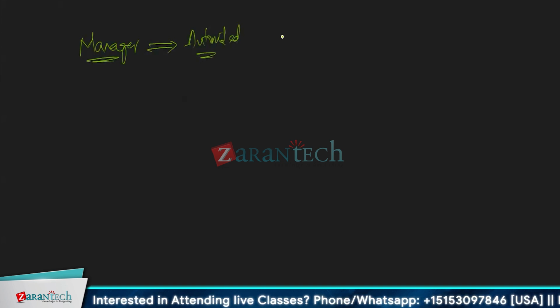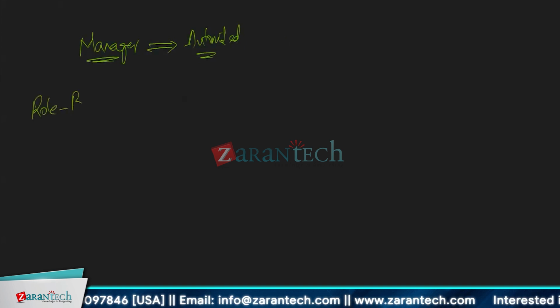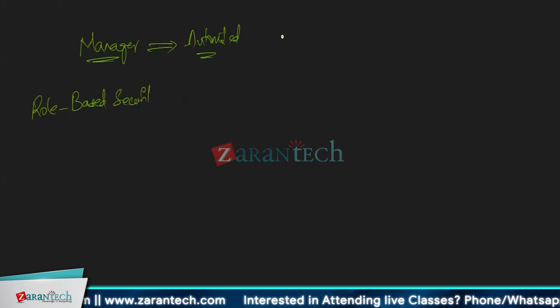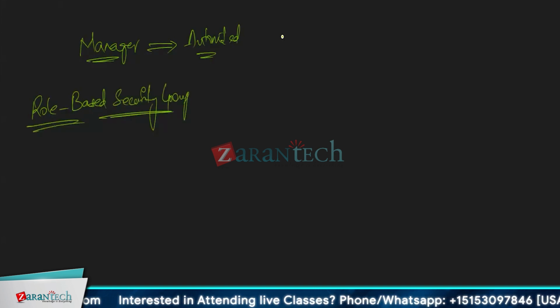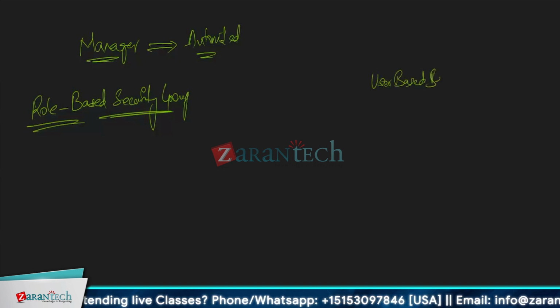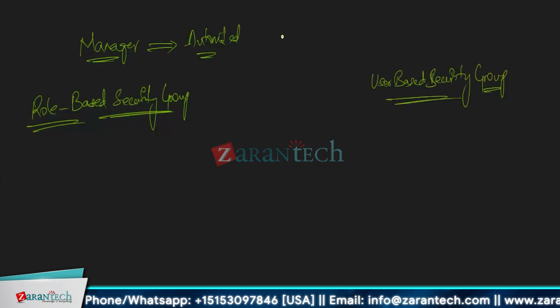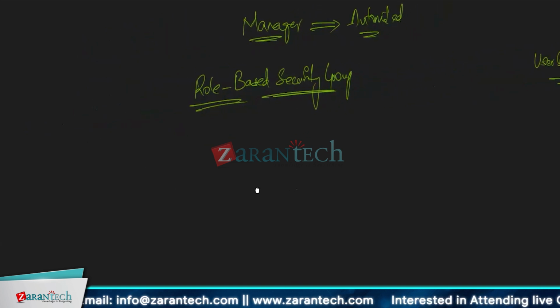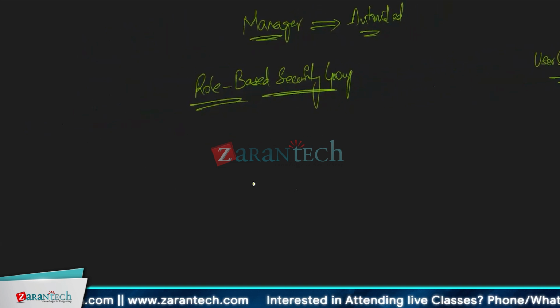Some of the most commonly used security group types are role based security group, and we also have user based security group. So what exactly is a role based security? A role based security will automatically assign the security group to a role.